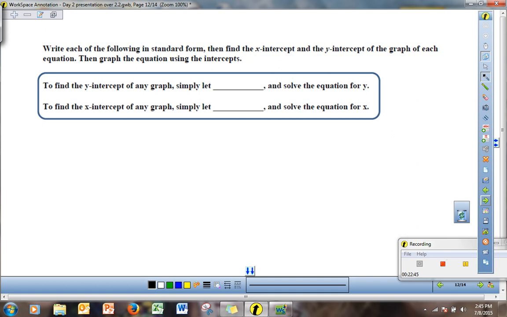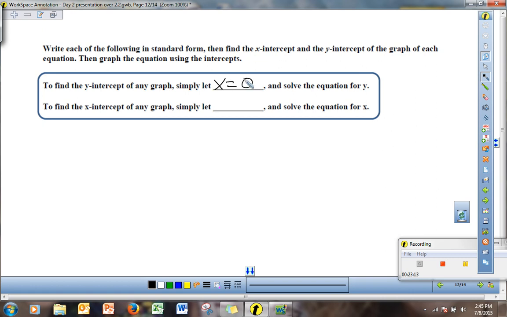So look at your box on the very back side, if you would. It says, write each of the following in standard form, just like we did. And then find the x-intercept and the y-intercept of the graphs, and then graph it. So I'm going to give you 2 quick little rules. To find the y-intercept of any graph, you're going to let x equal 0.